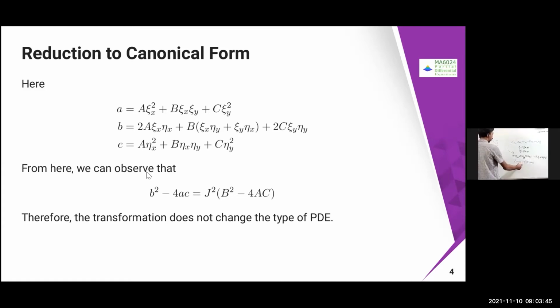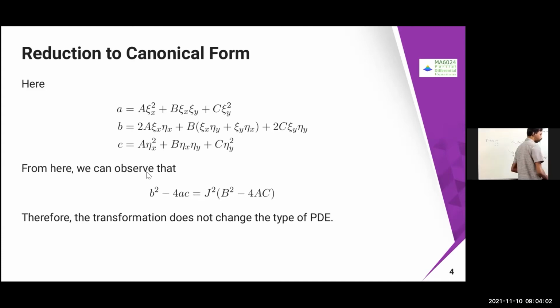Since J square is a positive number, if this is parabolic, this is parabolic; if this is hyperbolic, this is hyperbolic; if this is elliptic, this is elliptic. So the transformation does not change the type.